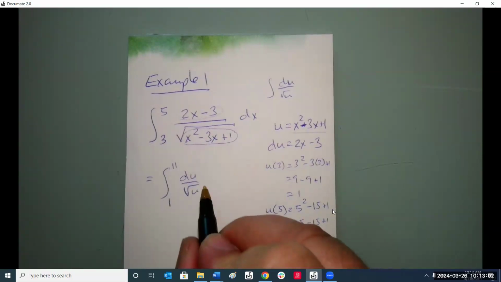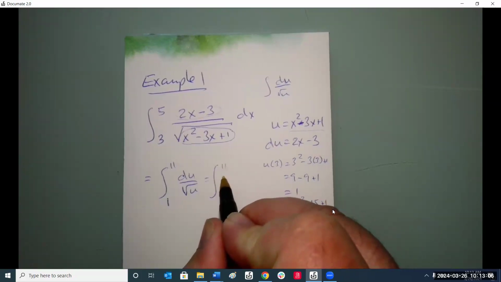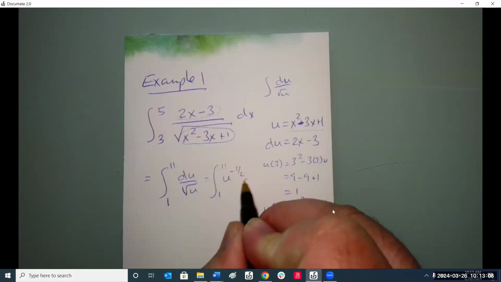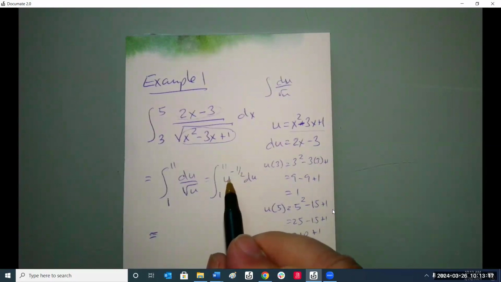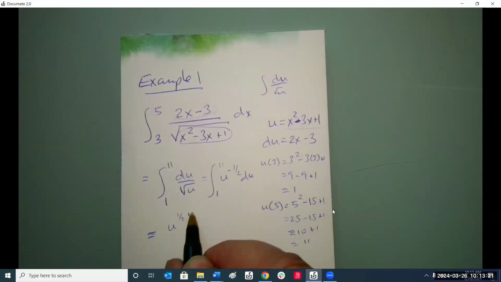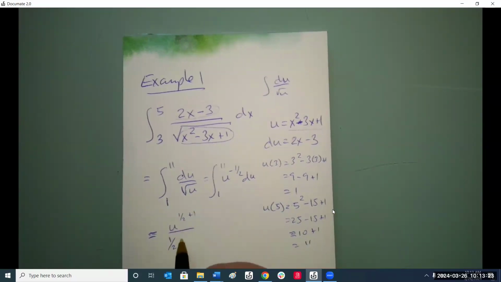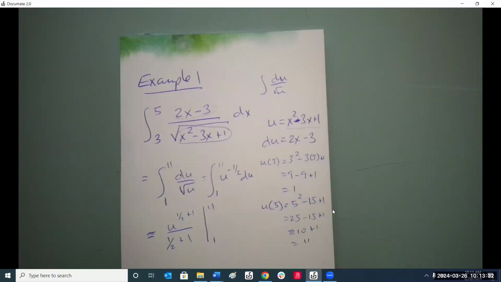So now we look at this integral: u to the power negative 1/2 du. The integral of u to the power negative 1/2 is u to the power negative 1/2 plus 1 divided by negative 1/2 plus 1, going from 1 to 11.